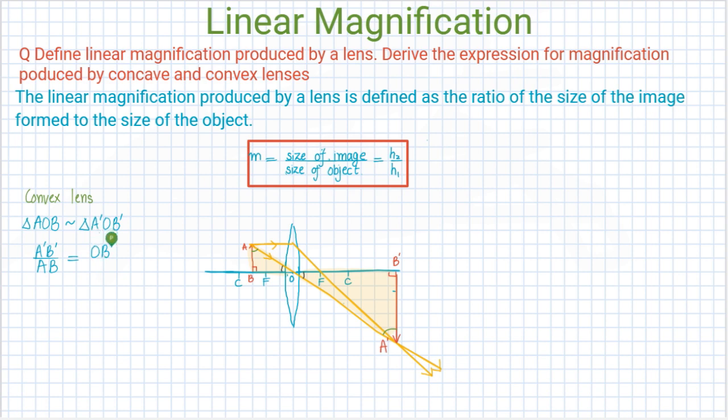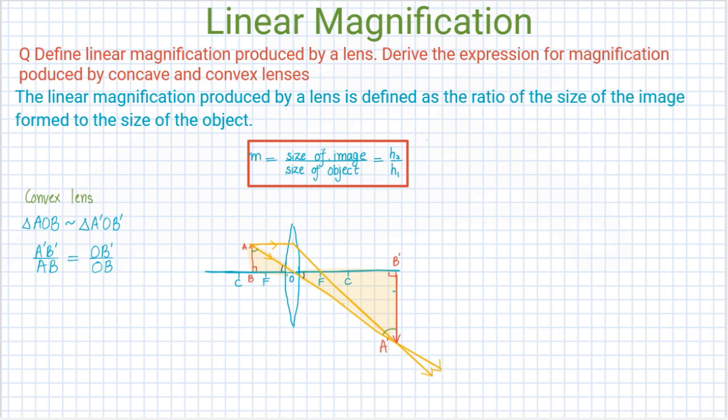By the property of similarity of triangles, the ratio of the sides corresponding to equal angles should be equal. So this is the ratio of the sides corresponding to equal angles, and this is also the ratio of the sides corresponding to equal angles, and they both are equal to each other.